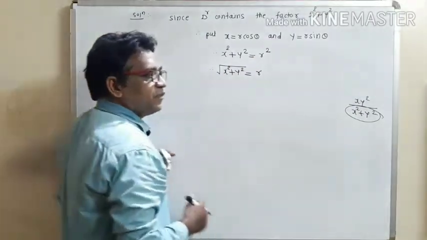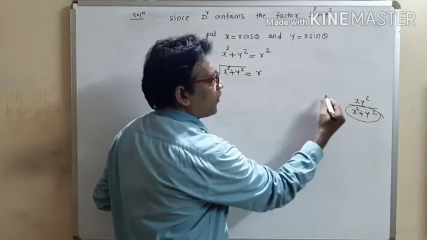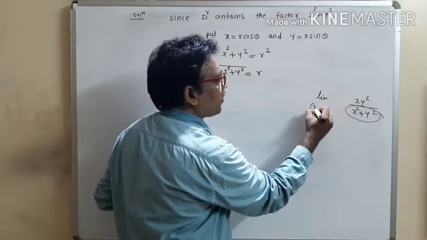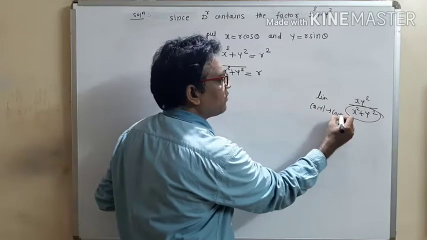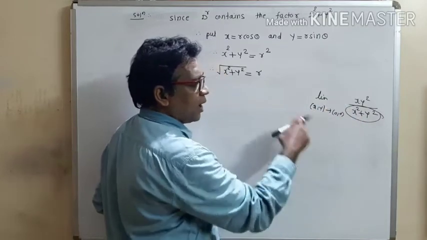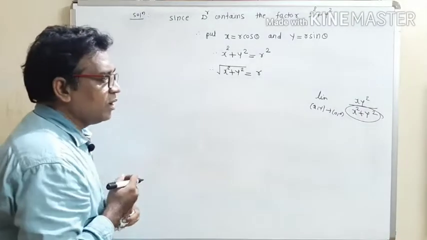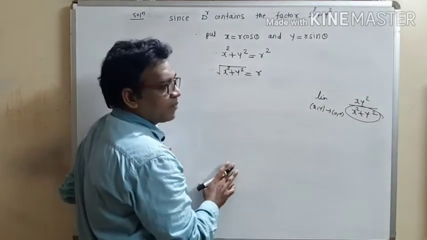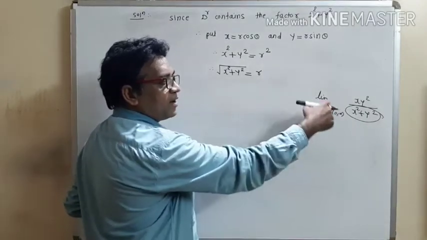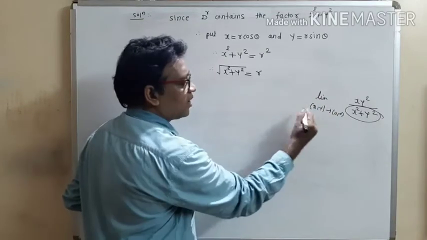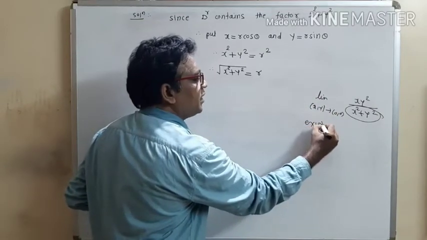Now see what is the given function. We want to find out the limit of the function x y square divided by x square plus y square as x y approaches the origin. So see what is the rule. If the denominator contains the factor x square plus y square, then its limit will exist.